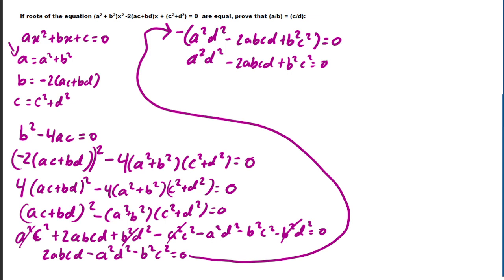Now what you'll notice about this is that this is a perfect square. So we can simplify this to (ad minus bc) whole squared equals 0.